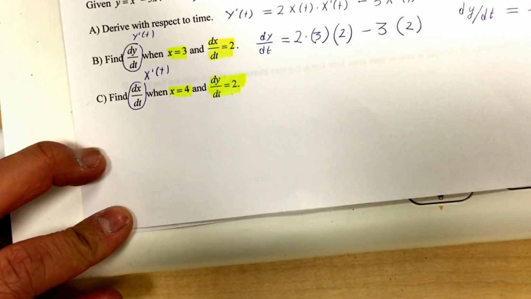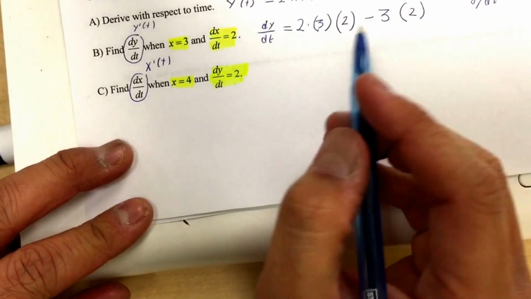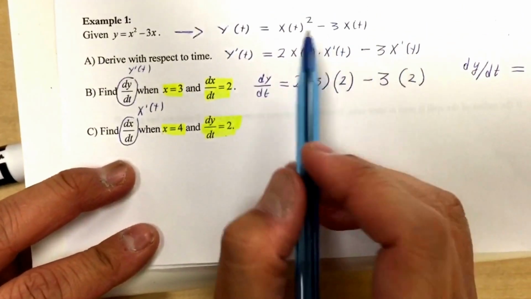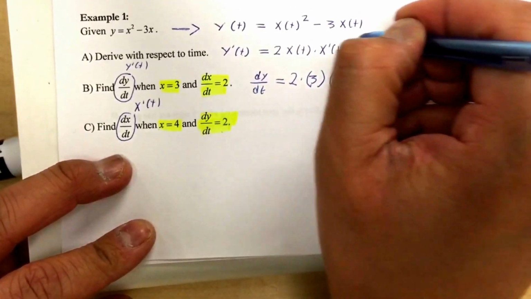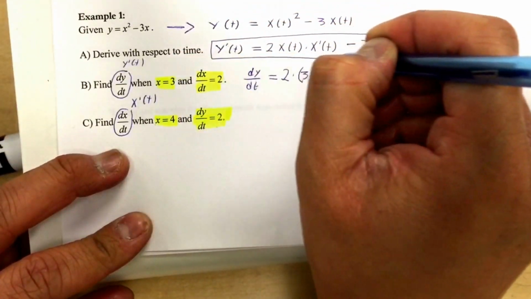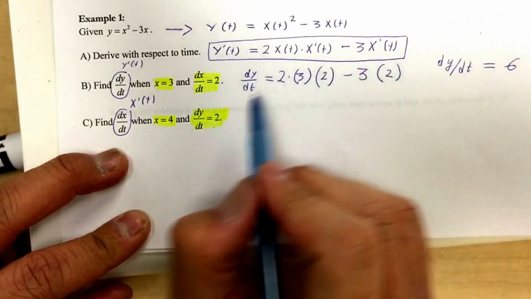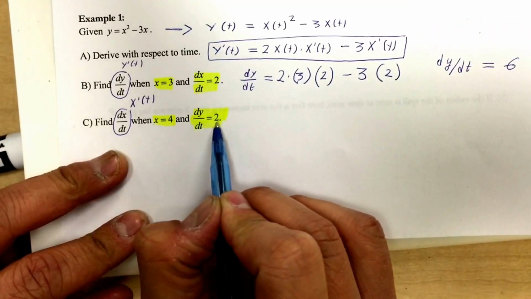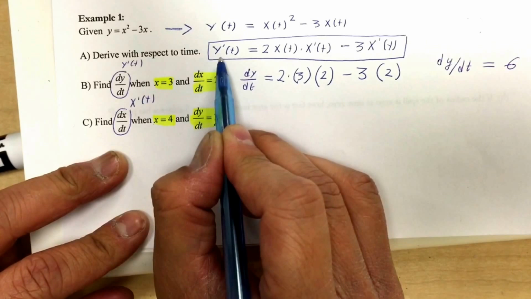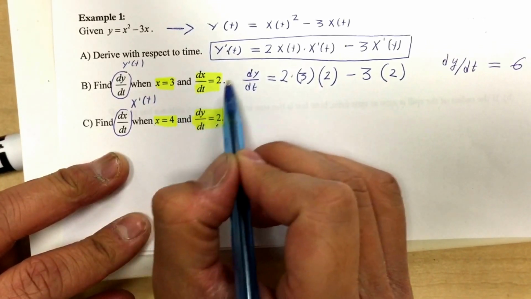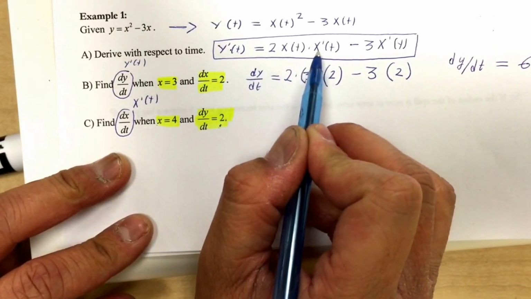That's a related rate problem. So this is your main equation that we're always going to refer back to. We're going to plug this in here and then replace x with 4 and try to solve for x prime.